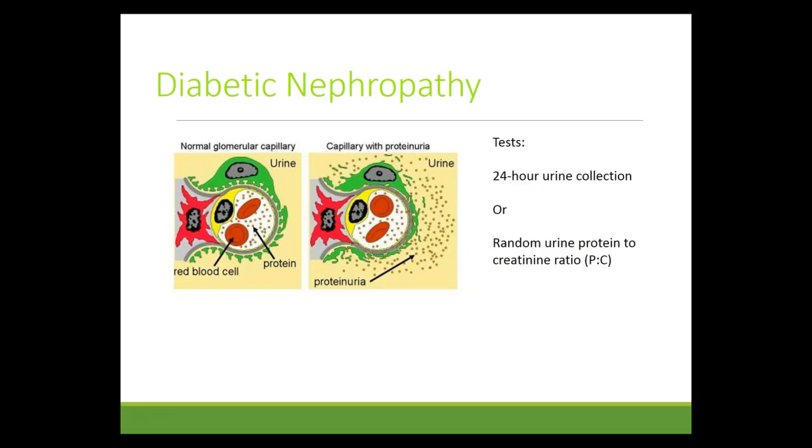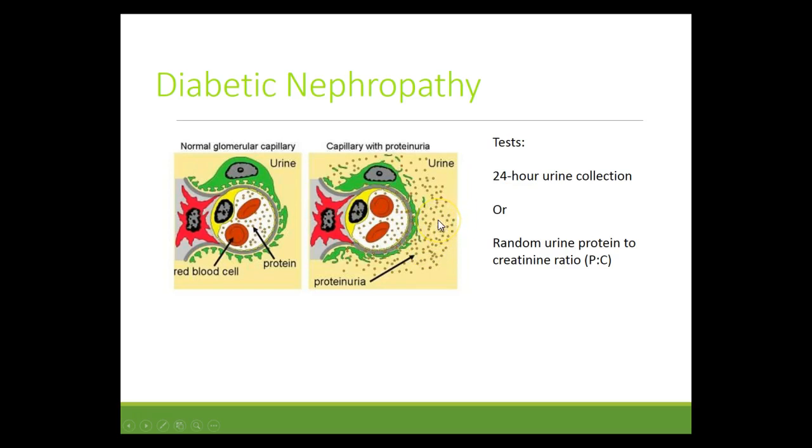So this is another look at diabetic nephropathy. The one on the left shows you a normal glomerular capillary, and here's the protein, which gets reabsorbed back into the body, whereas here you can see where there is damage, and that protein is actually leaking out and getting into the urine.